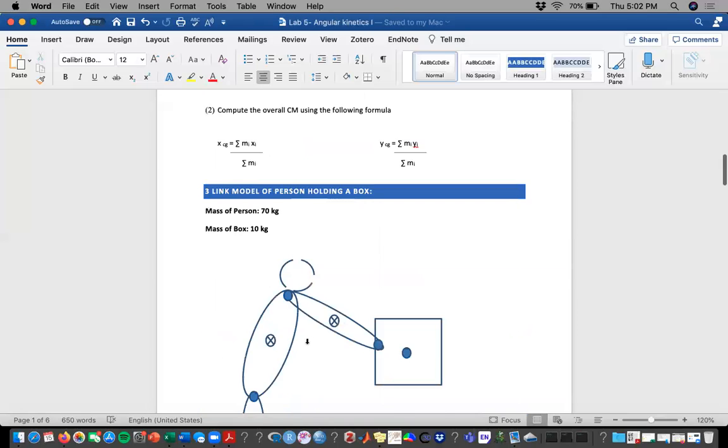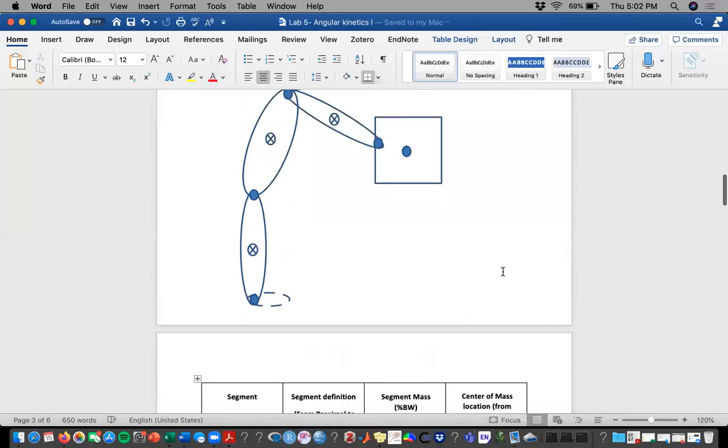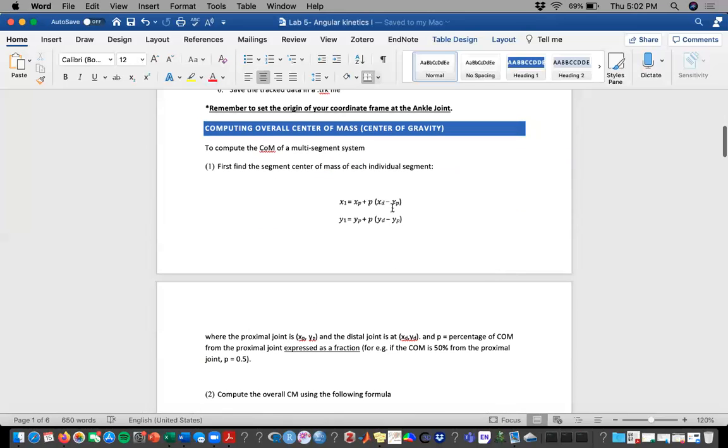So you can actually scroll down to the table here, and it has the segment. So for example, the leg and foot segment, the center of mass location from the proximal joint is 60%. So as a fraction, that would be P equals 0.6. Okay, I'm going to scroll back up here. So we know what P stands for, and then xd is just our x coordinate of our distal.